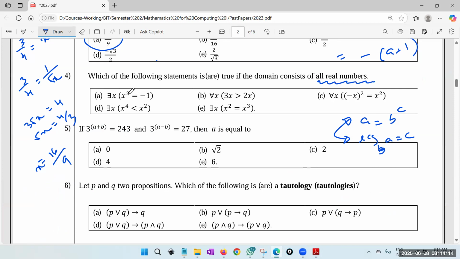And you know that none of the real numbers... if x squared is minus 1, x is root minus 1. And for negative numbers, can the root be a real number? No. Because when you multiply two positive numbers, it's positive; negative numbers, it's also positive. So this means basically x equals root of minus 1.